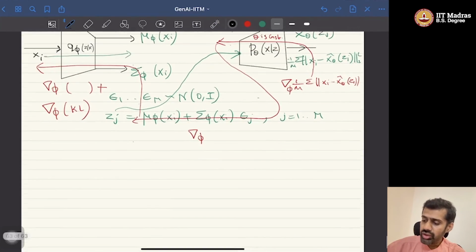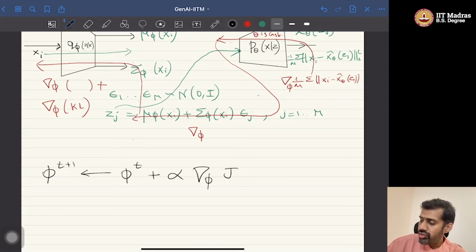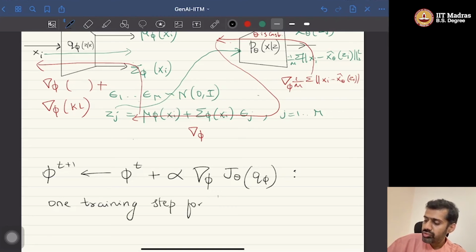Once we do this, we can update the encoder parameters using one gradient step, and we are simply solving the maximization problem here. Therefore, this is alpha times the gradient of J theta q phi. That's it. So this is one training step for the encoder.